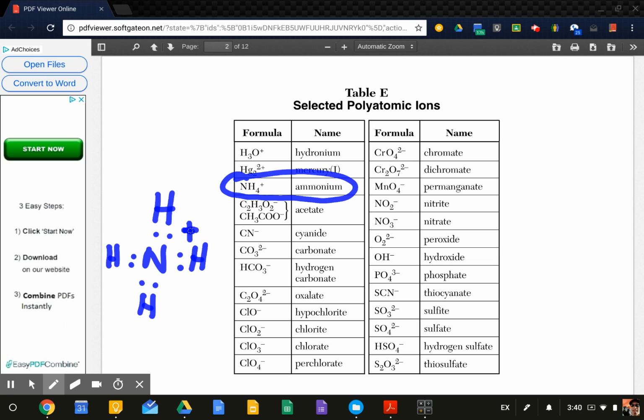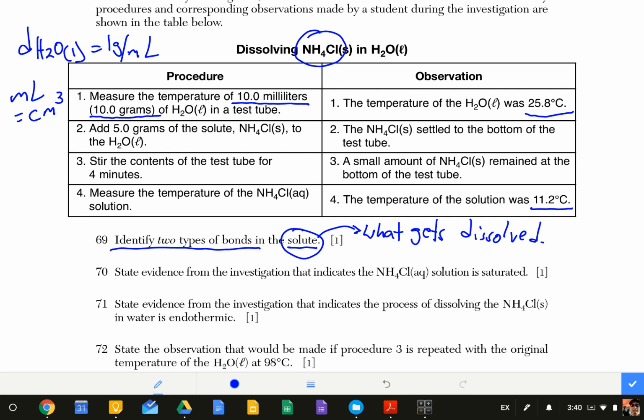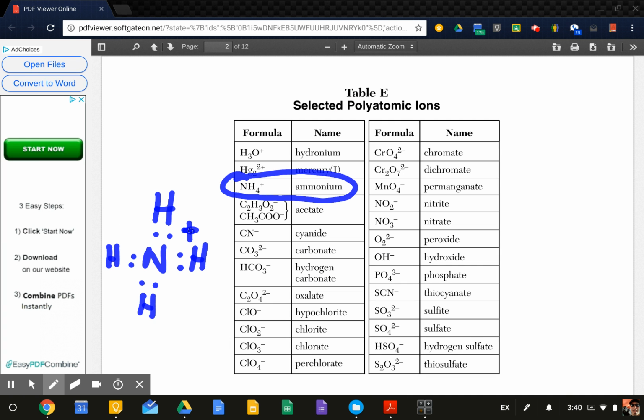So look at my drawing so far. Ammonium is a nonmetal, nitrogen, bonded to another nonmetal, hydrogen. Therefore, those are covalent bonds. But if you look at the formula for the substance, it's NH4Cl. And chlorine turns into a negative chloride ion. So here's a negative chloride ion. And technically, a negative chloride ion would have 8 valence electrons.